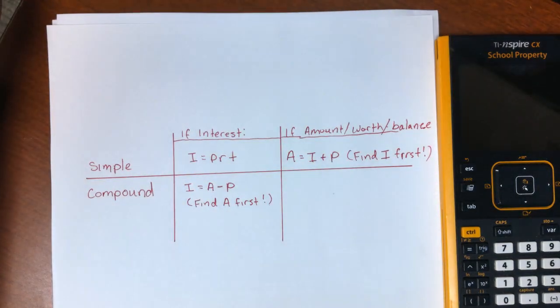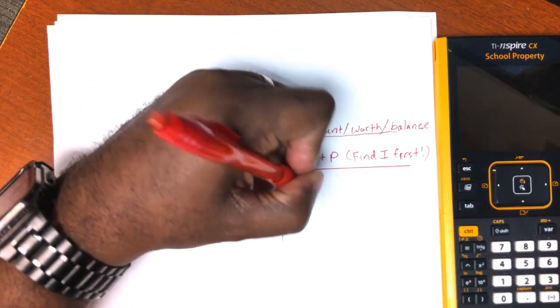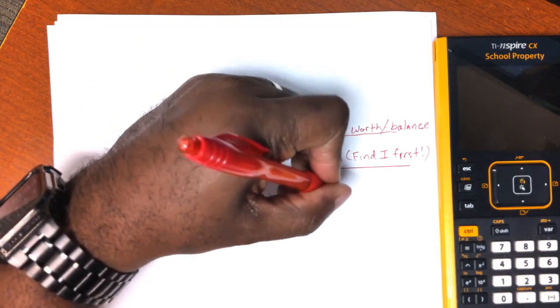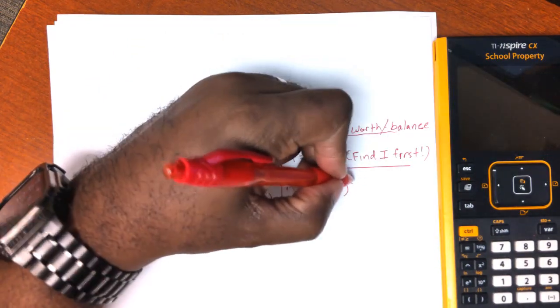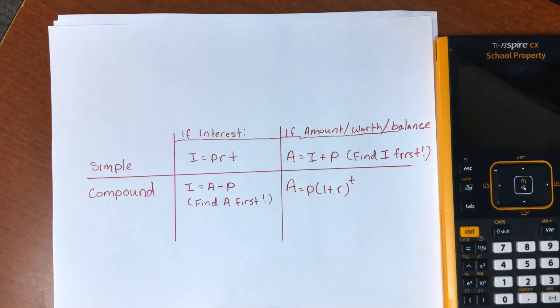For compound interest, all you do is A is equal to P times (1 plus R) raised to the T power. And then you don't have to do anything there.